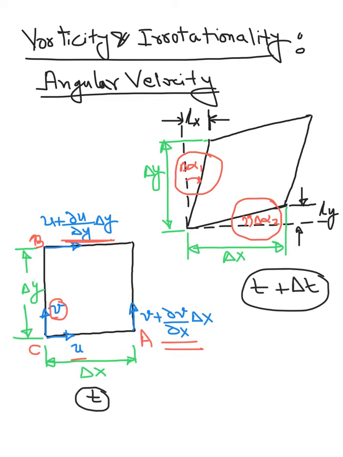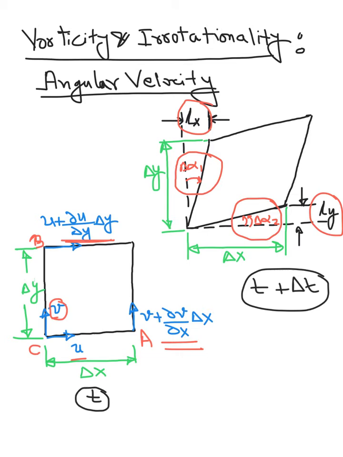These rotations, in addition to the change in the velocity that I have already mentioned here, will help me determine the displacements, the Lx and Ly in the x and y direction, and subsequently I will utilize those to determine the change in the angular velocity of the lines CA and CB.